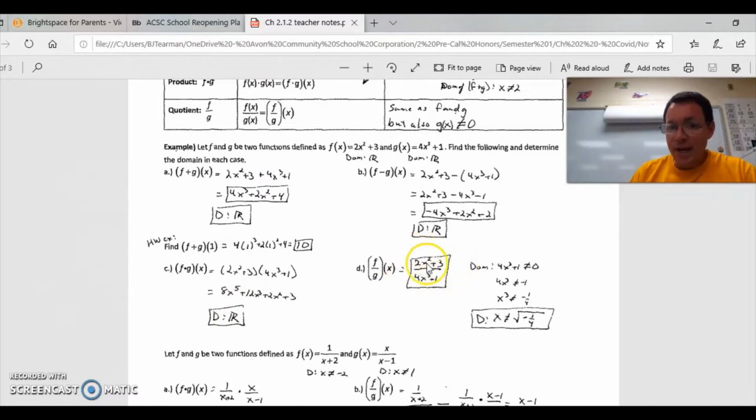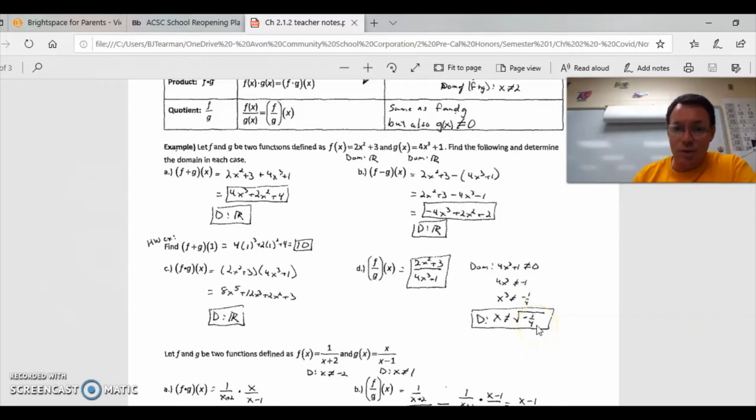Okay, I created a fraction when I divided the 2 functions. So I need to go over to the side, I need to set my denominator not equal to 0, and then I need to figure out what x value would create a 0 if I were to put it in. Now this is kind of a weird one. It solves and you get x cannot equal, this should actually be the cube root, because this is a cube. So it's the cube root of negative 1/4.